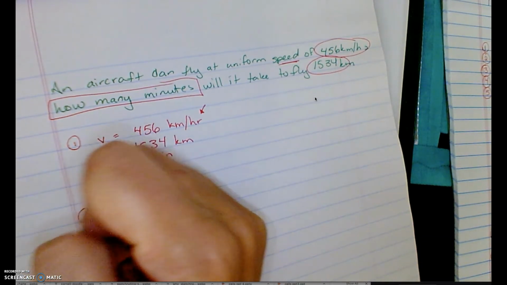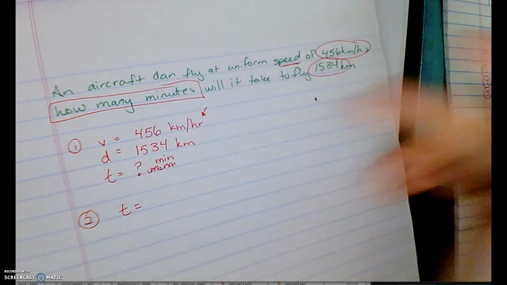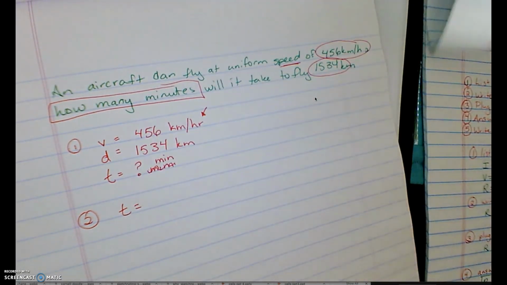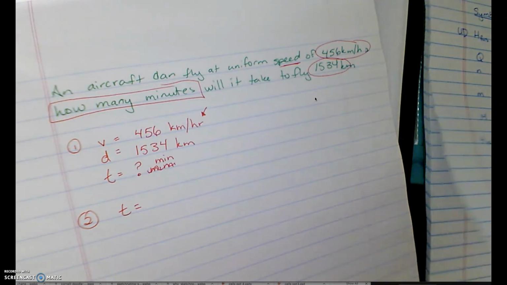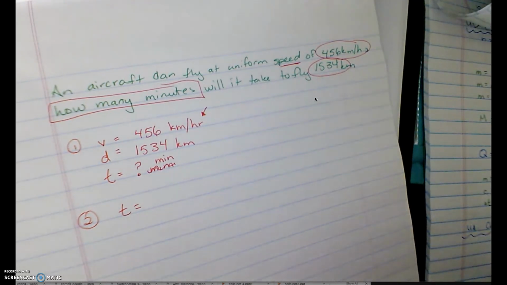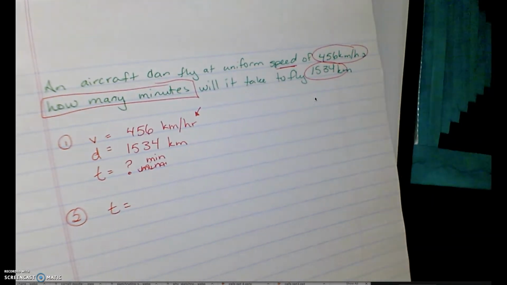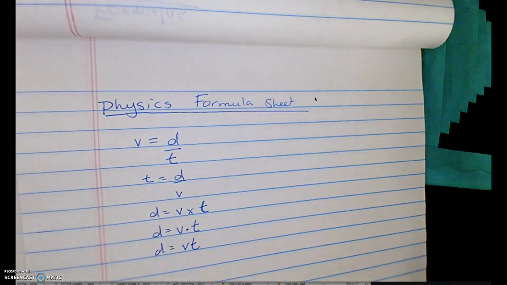So step 2, write the formula. What formula are we going to use? We don't know, we just learned it. So let's look on our formula sheet that we just made. That's how come I have 2 notebooks open, or maybe you have 2 papers open, so that it's easy to refer back and forth. And if you want to make cute little note cards out of these, knock yourself out.